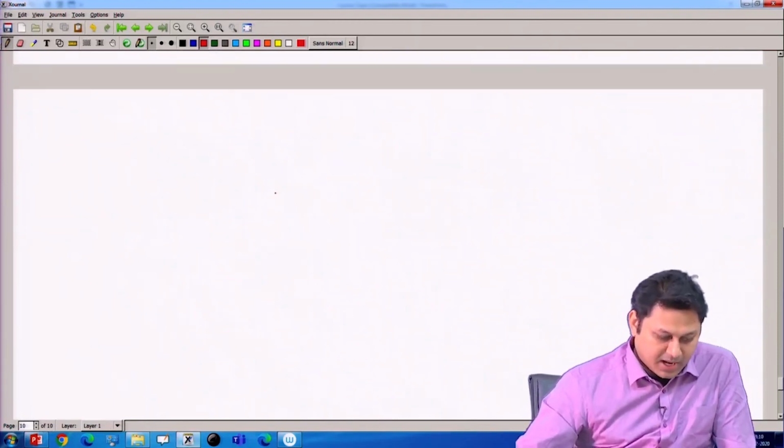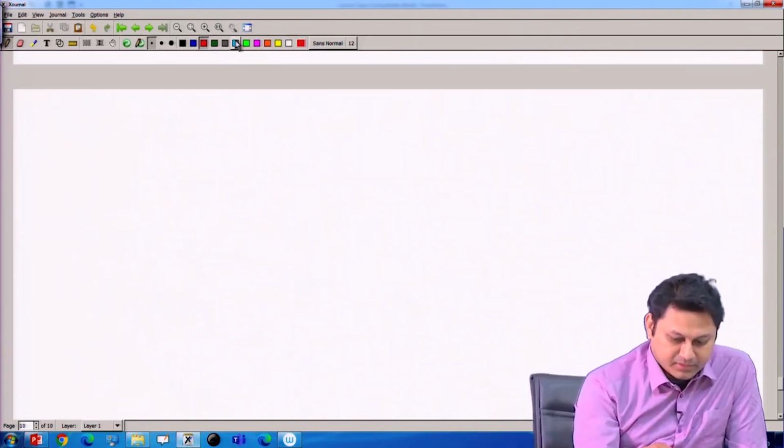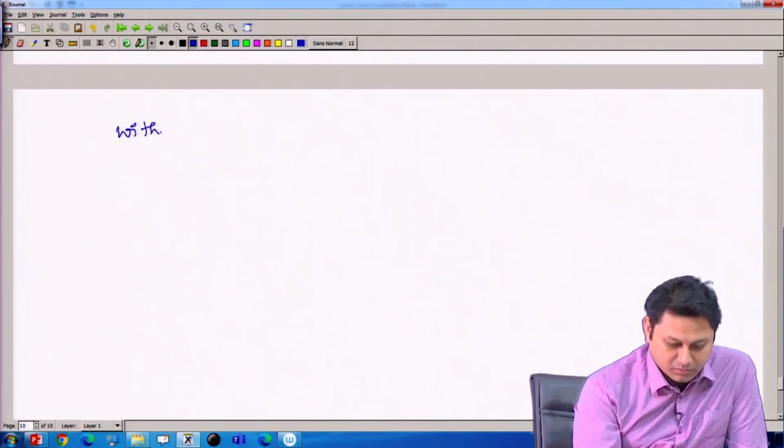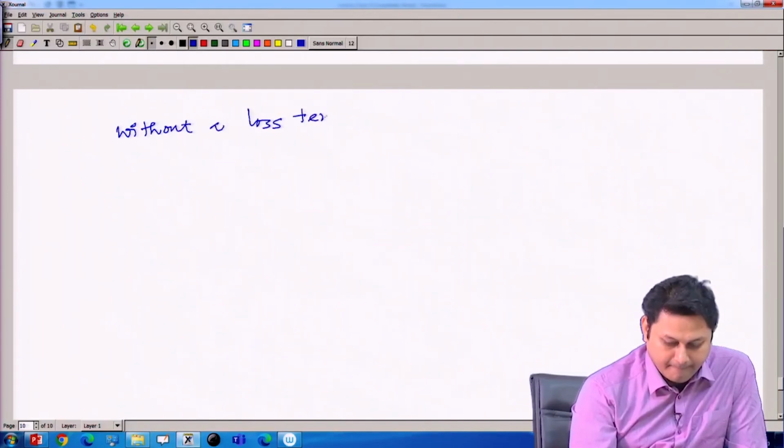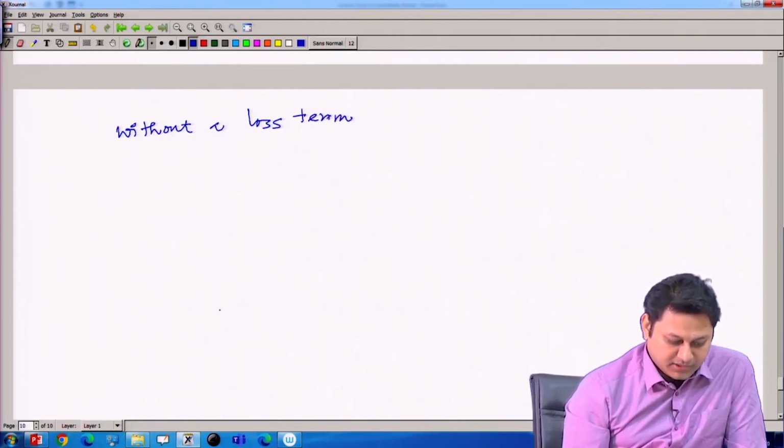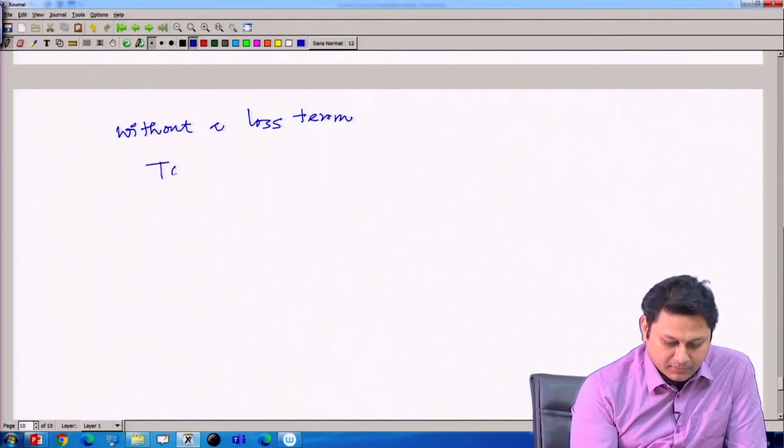Well, I can write a general equation if there is no loss. So, without a loss term, the total power remains conserved.